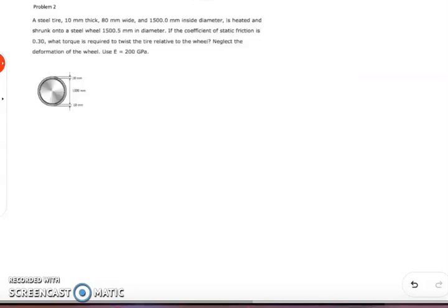So for our solution, of course, we have deformation is equal to PL all over AE. So our deformation or elongation is equivalent to, we have an inside and outside diameter, so we have pi times the outside diameter, which is 1,500.5, subtracted by the inside diameter, which is 1,500.